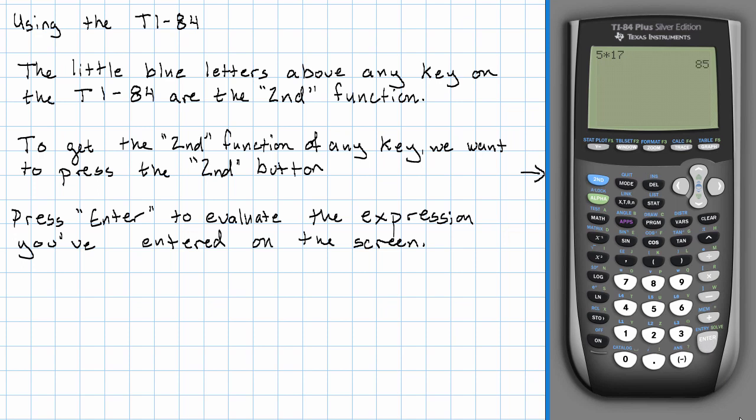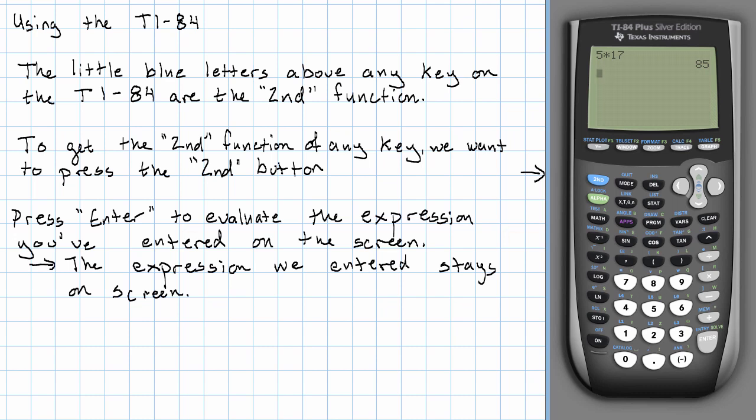And when I hit enter, I see the result, but I still see my 5 times 17 on screen. Now maybe I look at that and say, wait a minute, 85 couldn't possibly be the answer to my question. Wait a minute, I hit times, I meant to hit plus. I can see that by looking at the screen.